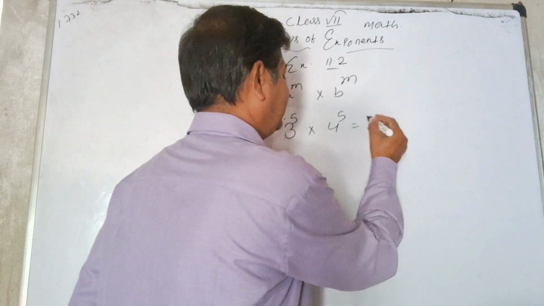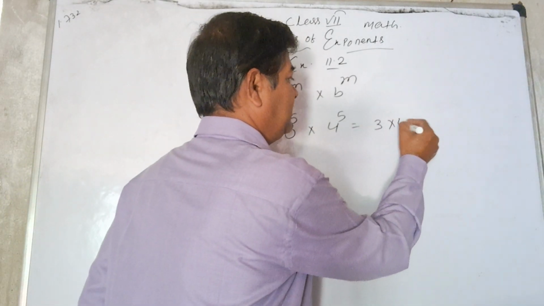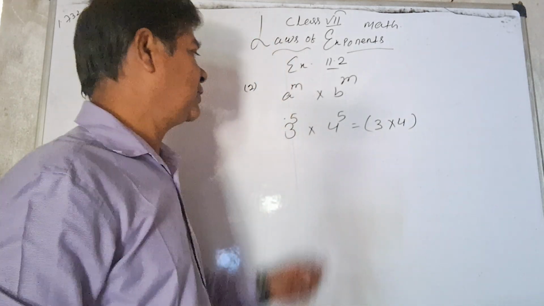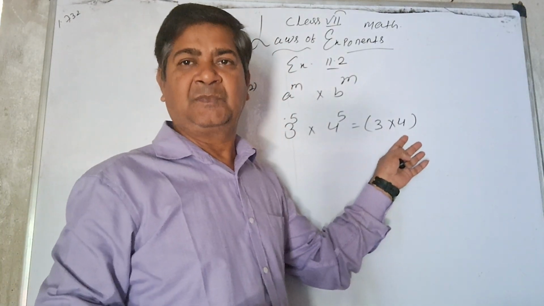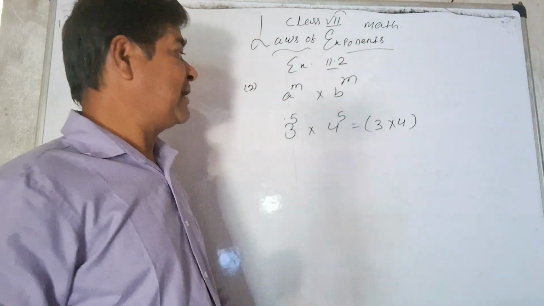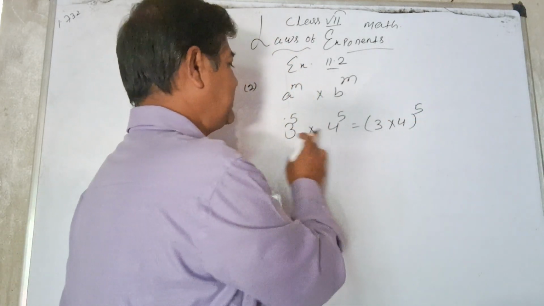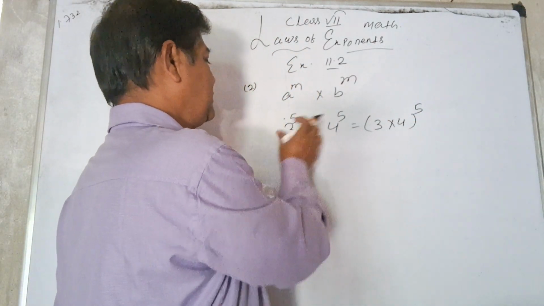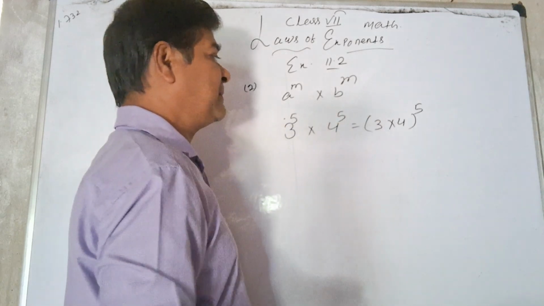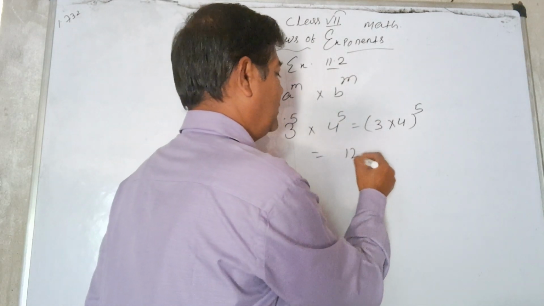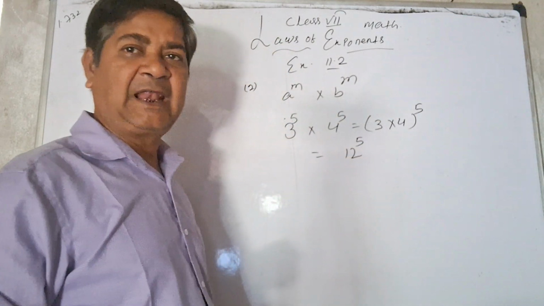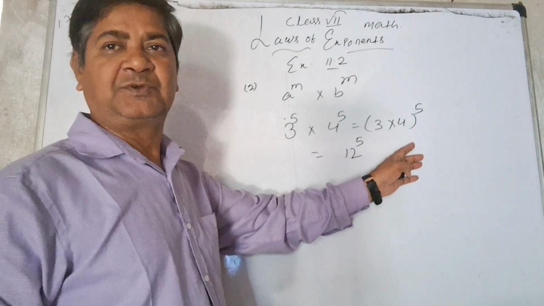What will the answer be? We will multiply the bases. The two bases that differ, we multiply them, and the power remains unchanged, power 5. That means 3 to the power 5 into 4 to the power 5, the answer will be 12 to the power 5.